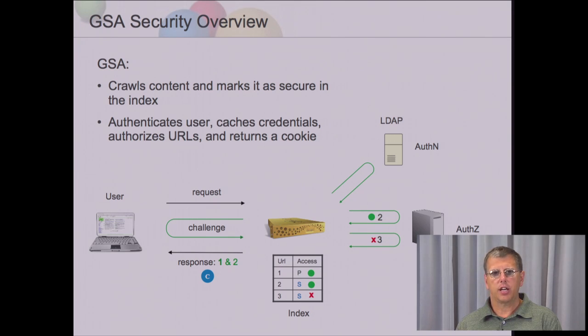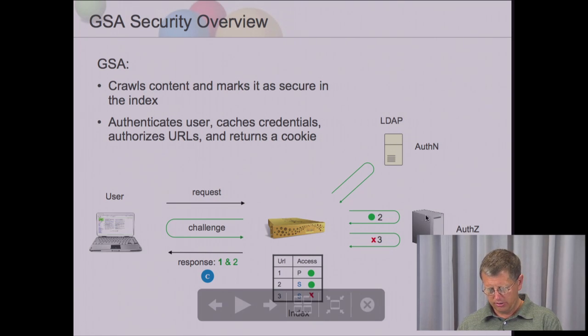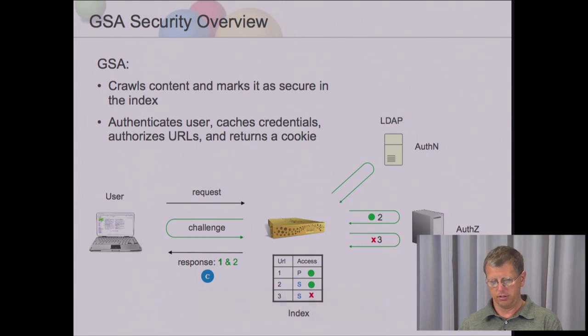Once the credentials are gathered, the search appliance then authenticates the user, checking the credentials with a back-end server. It could be an LDAP server or a content server. Here's the LDAP connection. Here's the content server. In this first example, we're not going to set up the LDAP server. We're just going to rely on the content server to provide authentication and authorization.